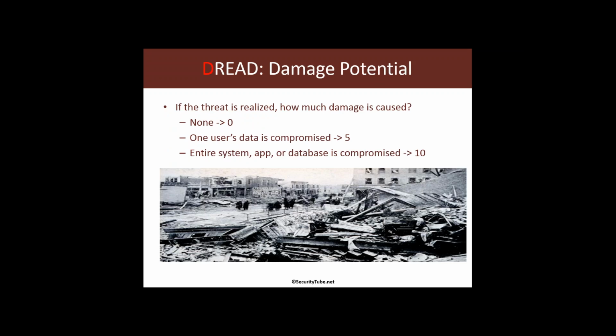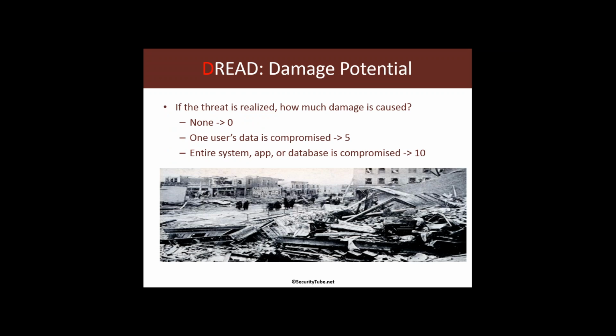So when you have a problem, what's the damage potential of this vulnerability? If this guy exploits this buffer overflow, what does he get? If this guy exploits this cross-site scripting or this SQL injection, what does he get? How bad will it be if it's exploited? Is he going to get access to the entire system? Is he going to get access to the database?